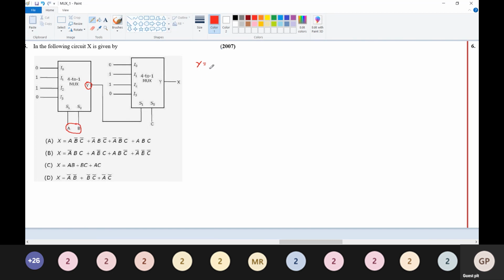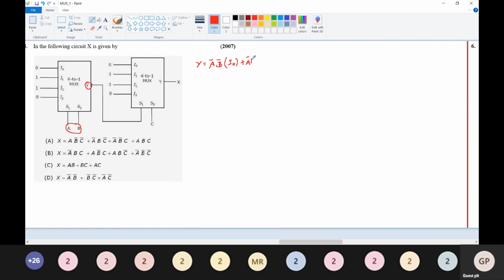So A dash B dash into I naught. This is the general expression for a 4-to-1 mux.